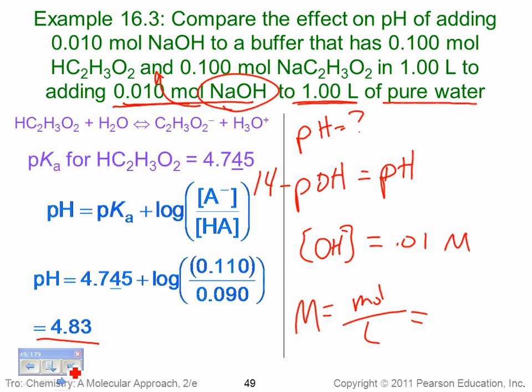And I have 0.01 moles of sodium hydroxide, which means I have 0.01 moles of hydroxide. I know you're like, it can't be that easy. And really, that's really all I'm asking. Make sure you're driving in the right direction. Liters, 1 liter, so that's nice and simple math. So yeah, that's where my 0.01 comes from.